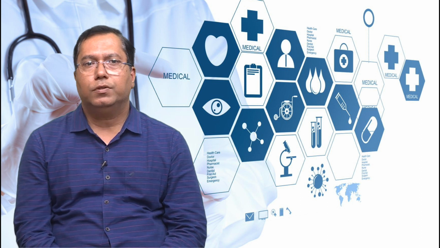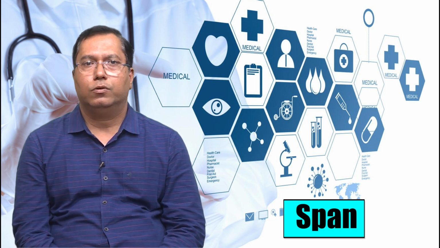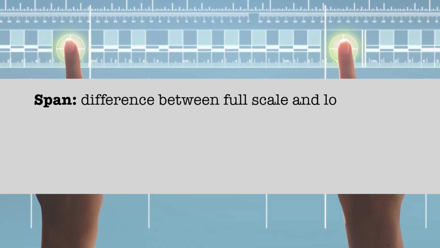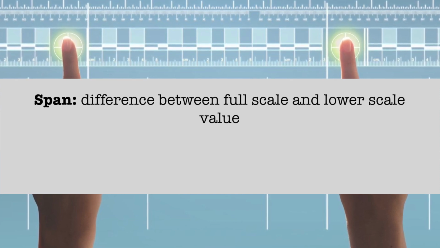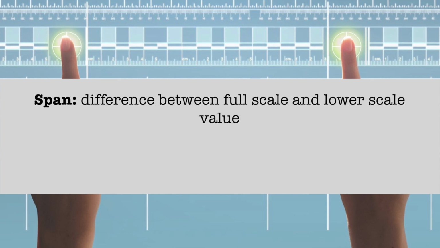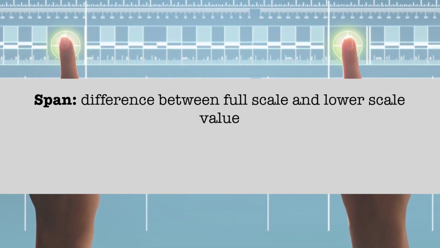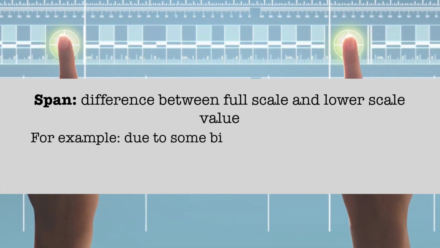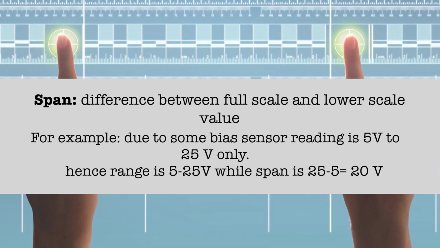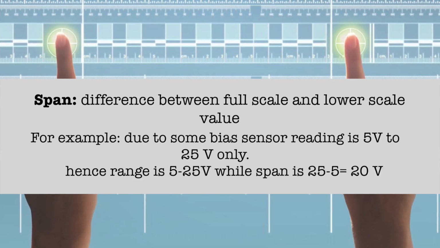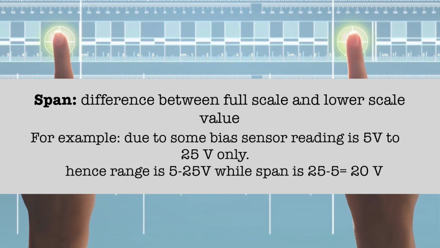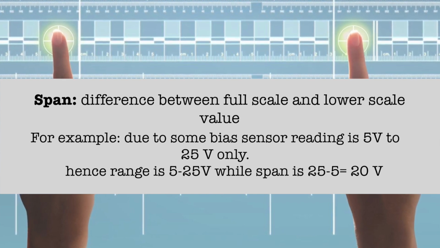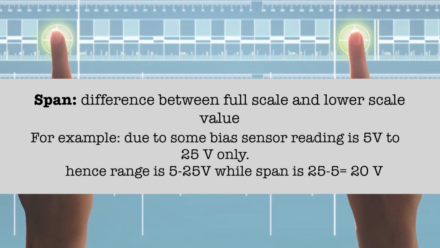Another associated characteristic is span. Span basically represents the difference between the maximum value and the minimum value, or we can say the difference between the full scale and lower scale value. So for example, due to some biasing, the sensor is not showing the result from 0 to 25 volt, it is showing 5 volt to 25 volt only.